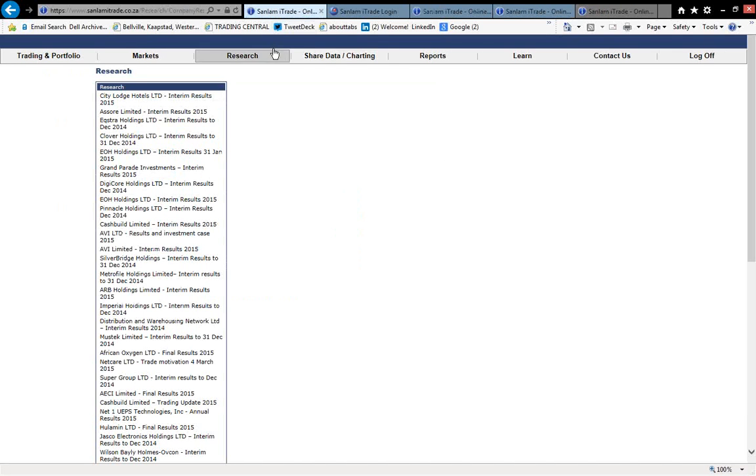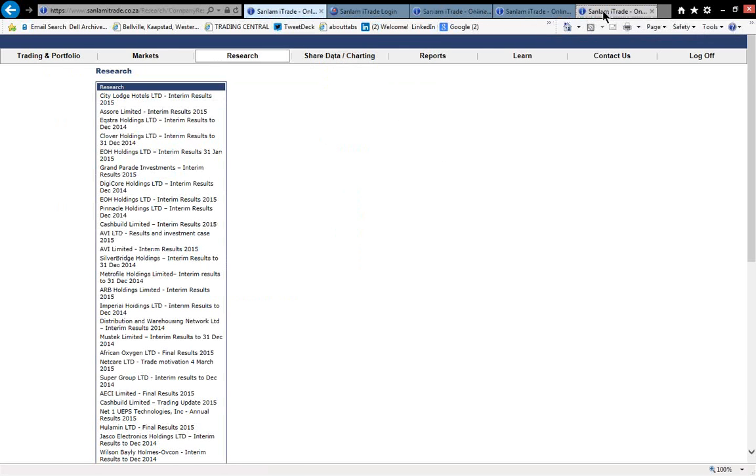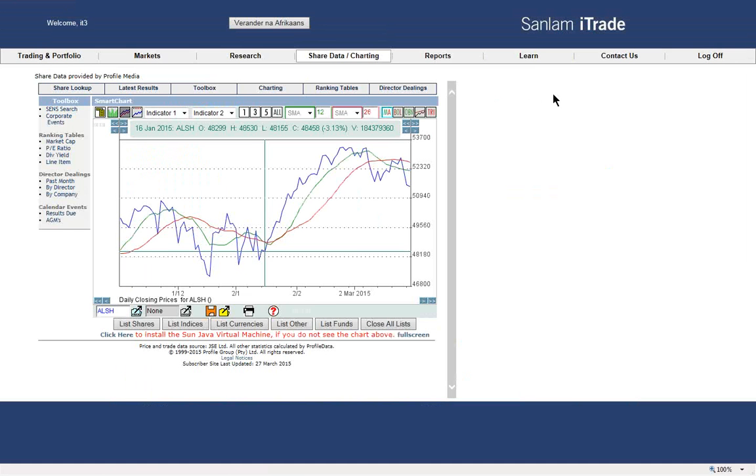There's also the charting pages. So if you go to the share data and charting pages, let me show you there. There we are. So we've got quite a good charting package available for free, included in the monthly fee.